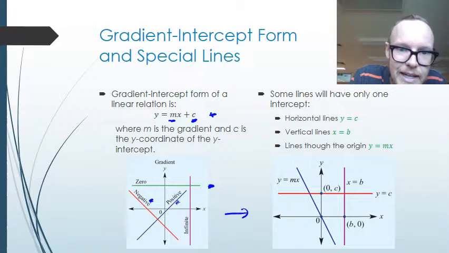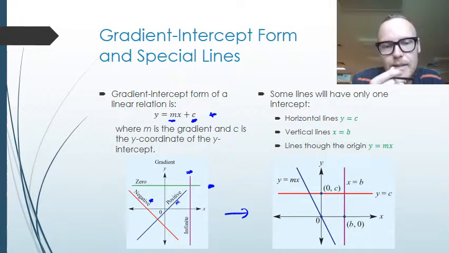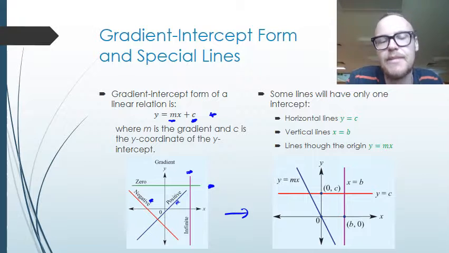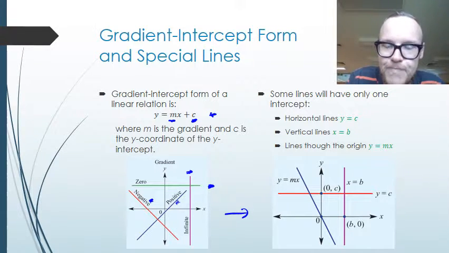We've also got a vertical line, which will have an infinite gradient. It means that with zero change in the x-axis, we've increased all the way up. So our gradient for a vertical line is infinite. It's not easy to represent that in the format of y equals mx plus c.